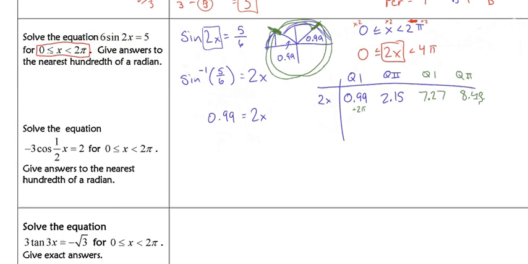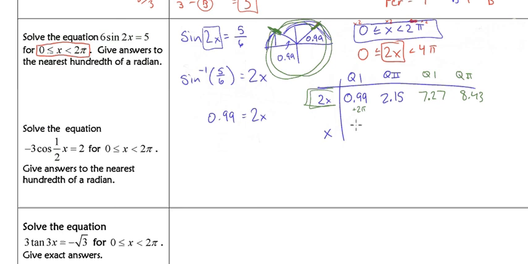That is when sine of 2x gives us 5/6. What we're going to do now is divide everything by 2. So it won't necessarily be in quadrant 1, 2, 1, 2 anymore, but we're going to get back to just x, not 2x.